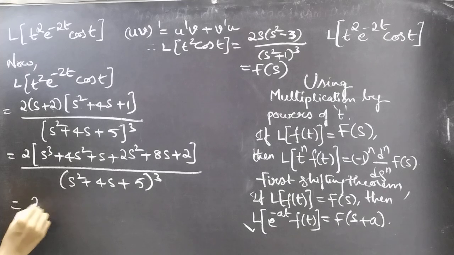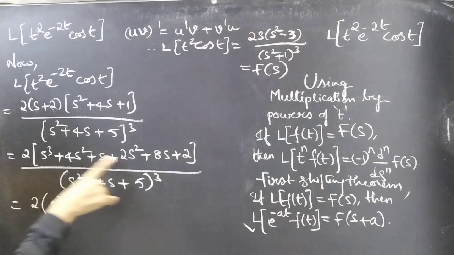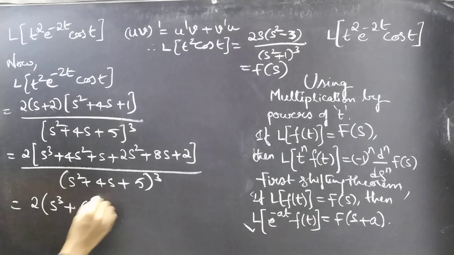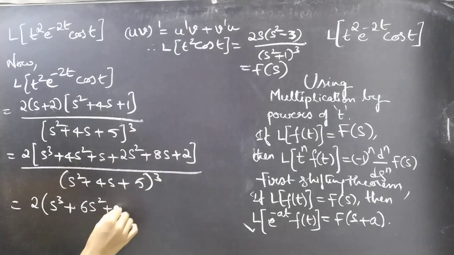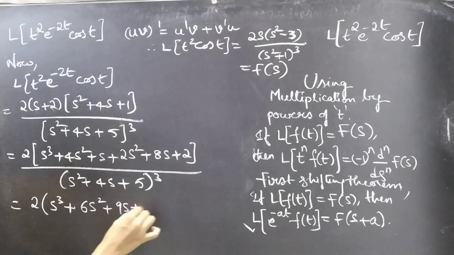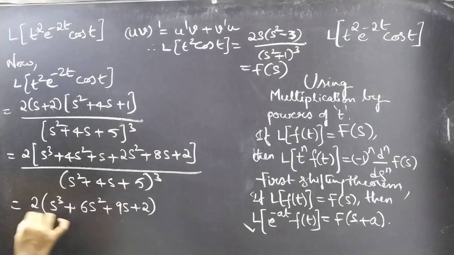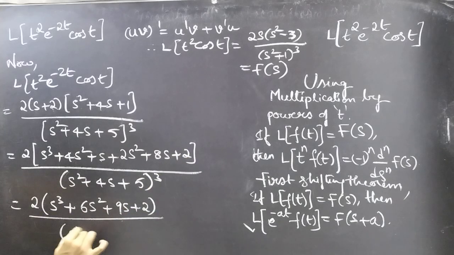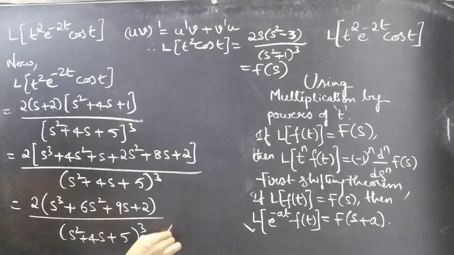This gives us 2 times s cube plus 4s square plus 2s square is 6s square, plus s plus 8s is 9s, plus 2, by s square plus 4s plus 5 whole cube.